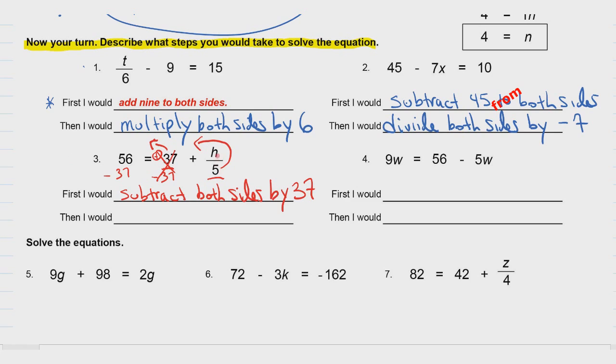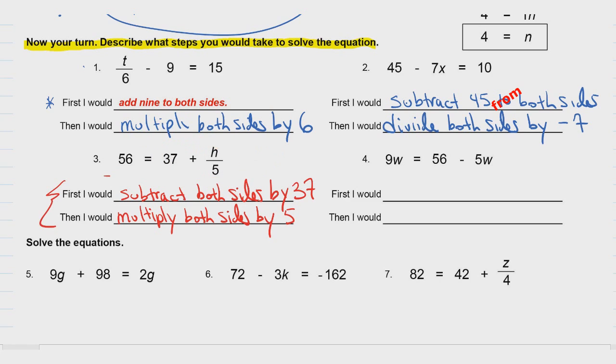So you're going to move the 5. We already talked about this. This is h divided by 5. So the opposite operation would be times 5. So then I would multiply both sides by 5. After we do these two steps, we would have solved the equation.